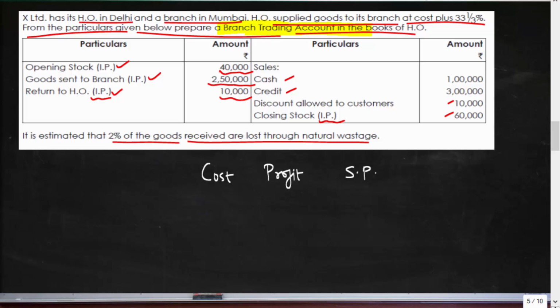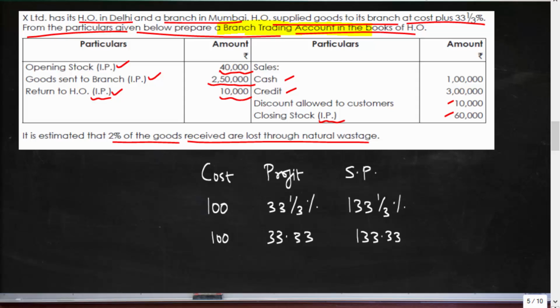The information in the question says they add a 33 1/3 profit margin on cost. So we'll assume cost as 100. Selling price will be 133 1/3. In value, it is 100 plus 33.33, so selling price will be 133.33.